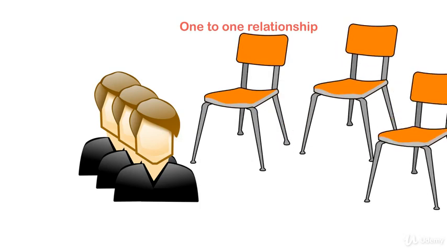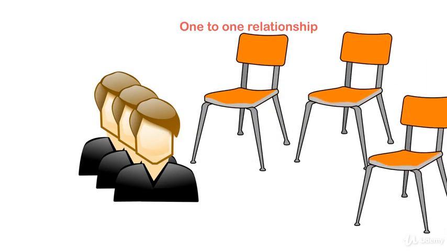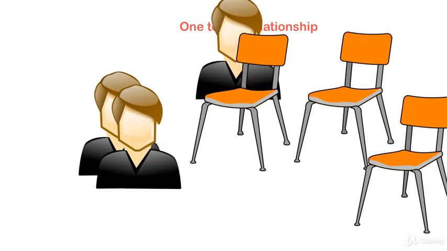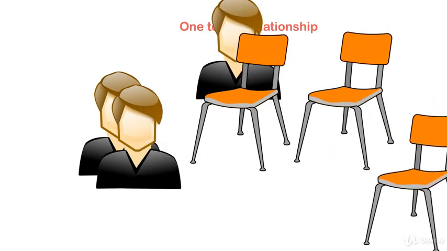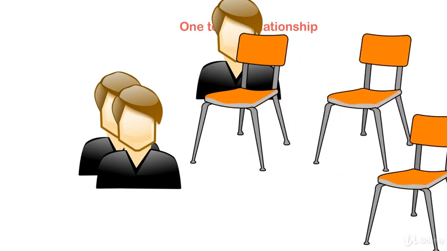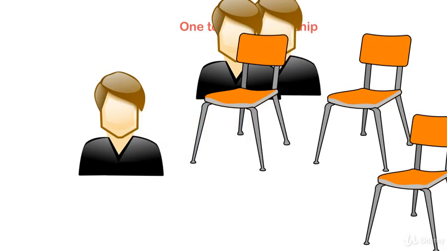Now, in this relationship, the cardinality of relationship is one to one, and the logic behind it is that when a person occupies a chair, he cannot occupy another chair at the same time. He can occupy only one chair at a time, and moreover, if one person occupies a chair, another person cannot occupy the same chair at the same time.